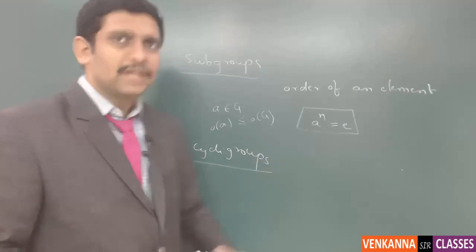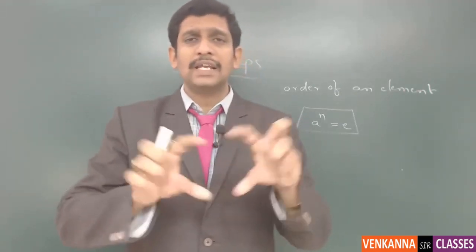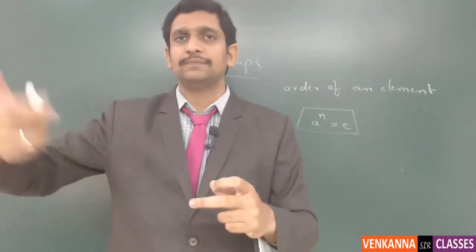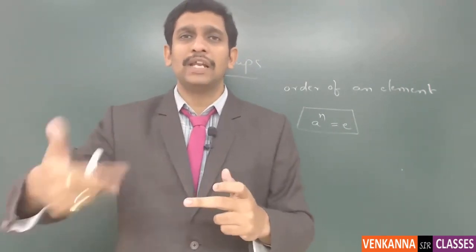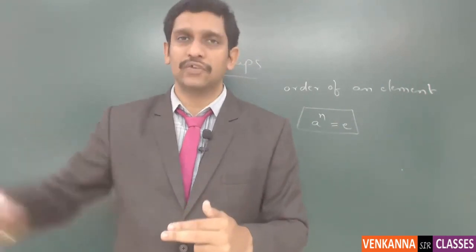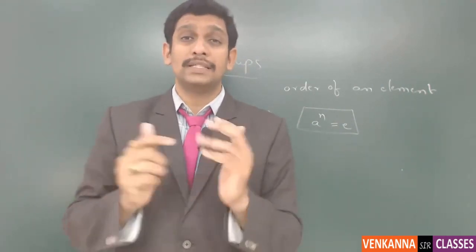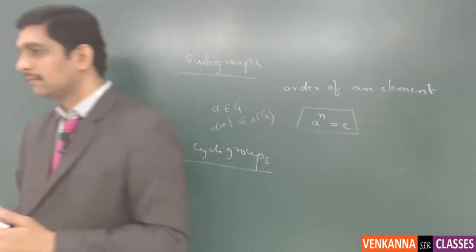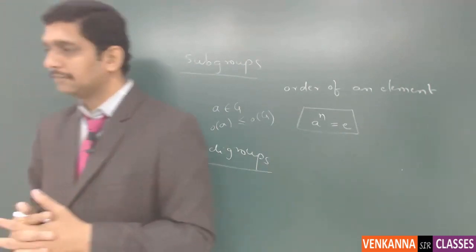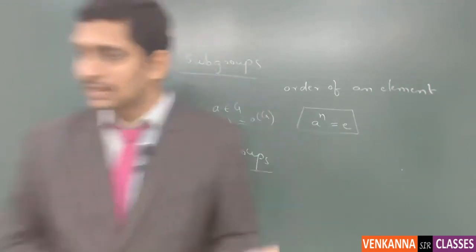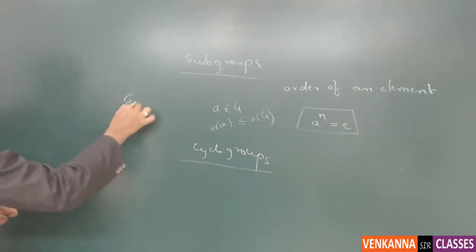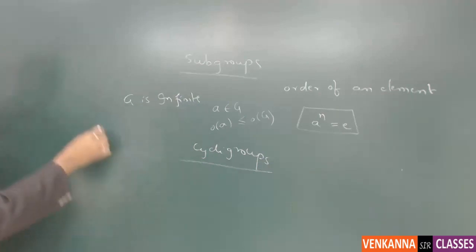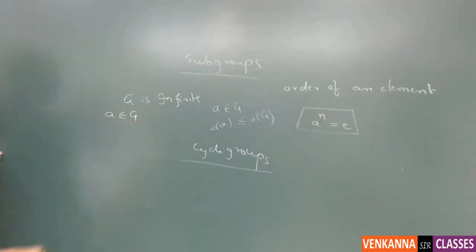So let me say, if you consider an infinite group where every element is generated by 1. So while multiplying the elements of it, you are going to get all the elements of the group. Since the group contains infinite number of elements, order of this element is also infinite. So we will learn those things separately. I will give the thing that suppose G is infinite. So there is an element A in G, that's it.